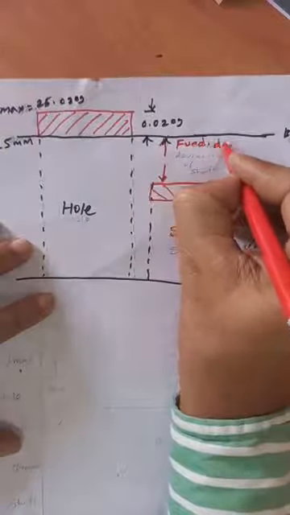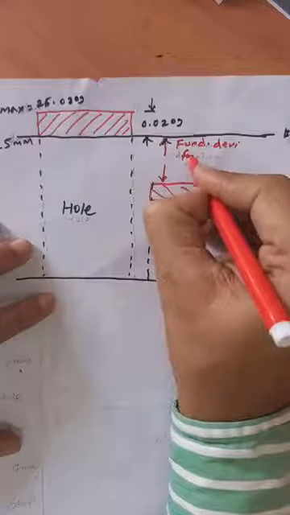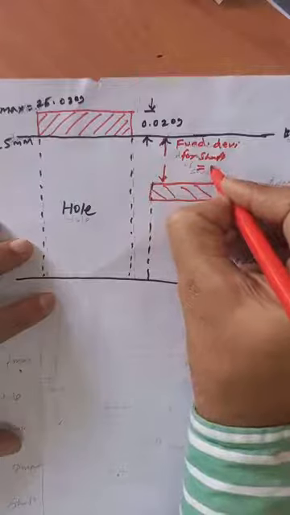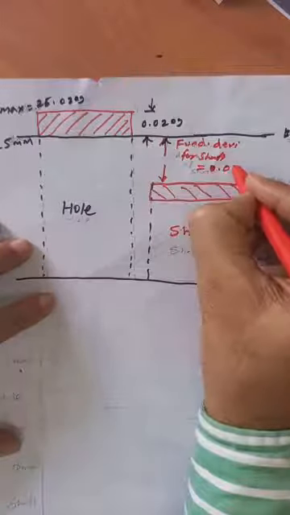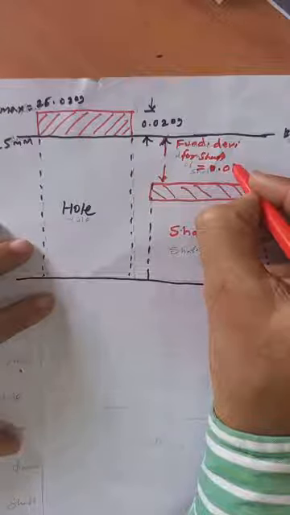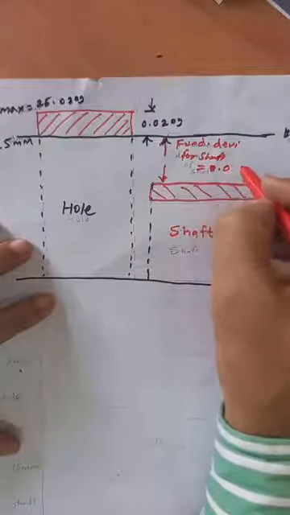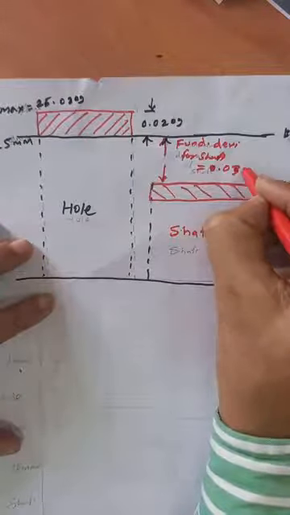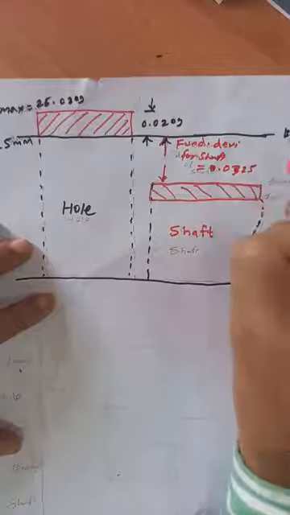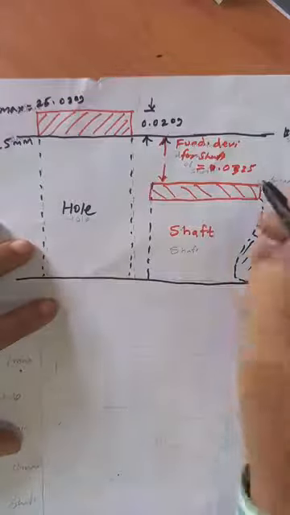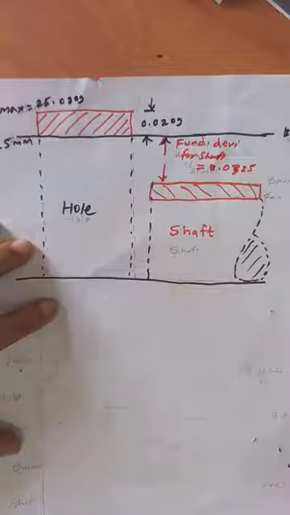This is the fundamental deviation for shaft, and it comes to be 0.0325 mm, right? Then this is the maximum and minimum size of shaft.